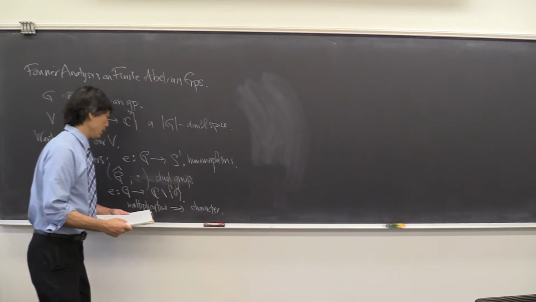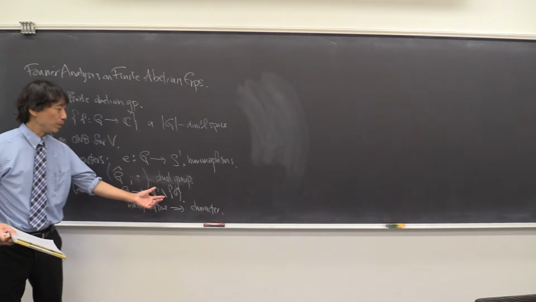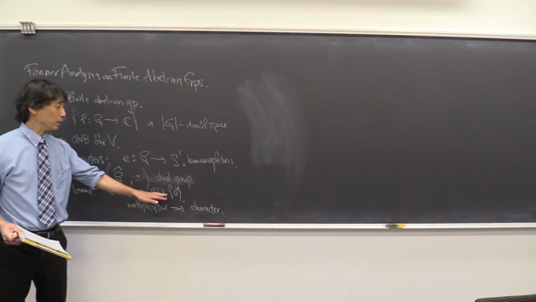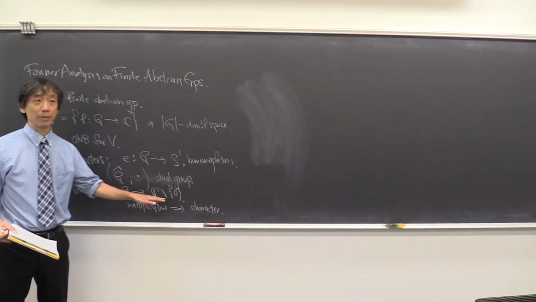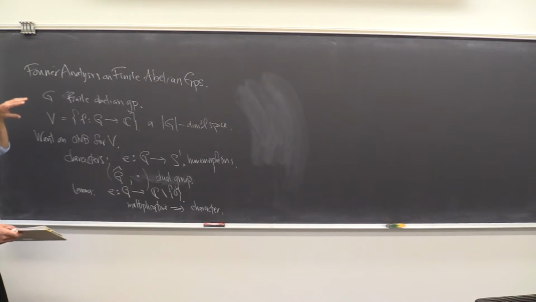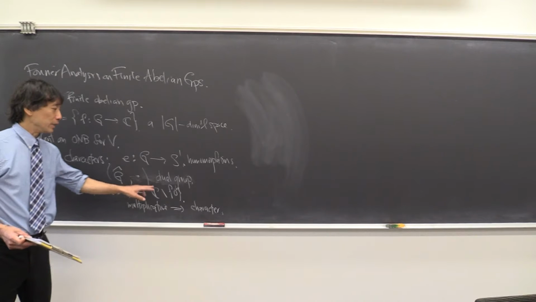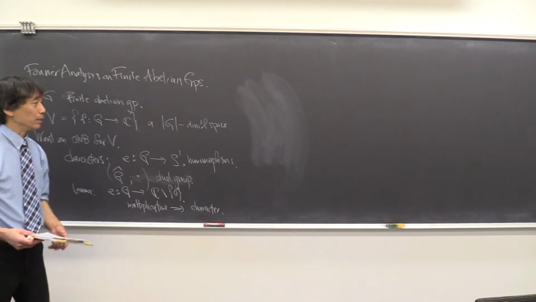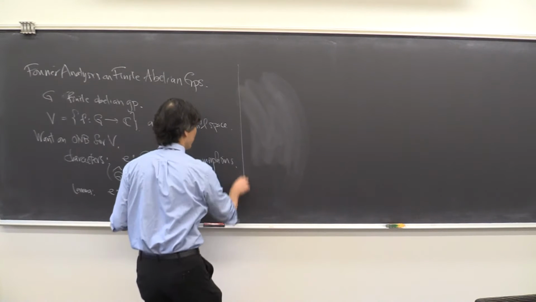In other words, it was forced to be into the circle rather than into the non-zero complex plane. That's where we finished up. To show something is a character, we just had to show that it didn't vanish and that it was multiplicative, that it respected the group law.